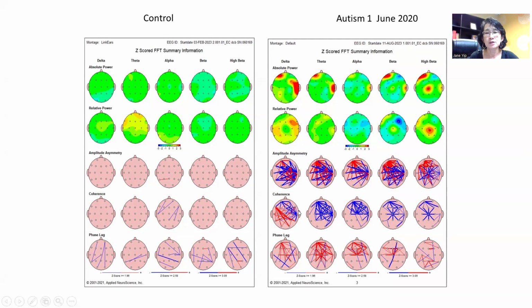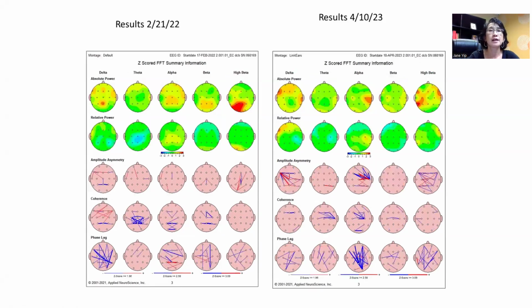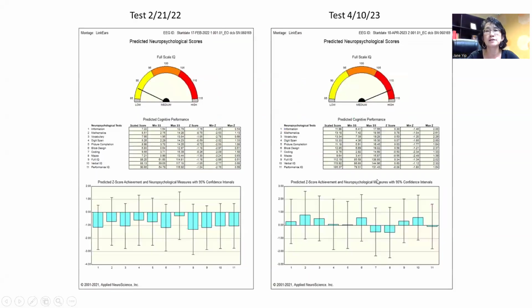Note coherence abnormality, which means difficulty with comprehension, especially comprehension of what has been told, receptive language, not only speech and communication. And this is what happened after intervention. Note the alleviation of neurotransmission error.